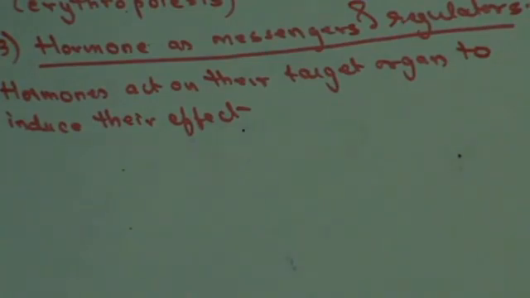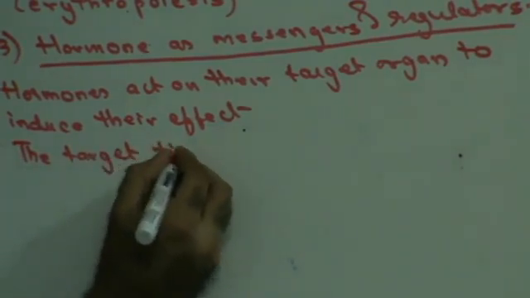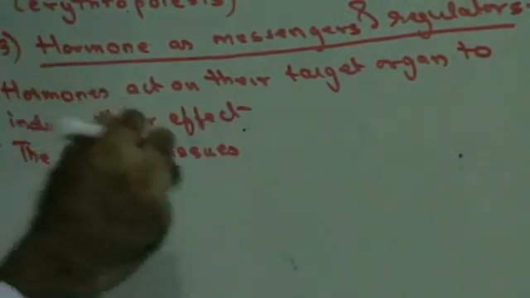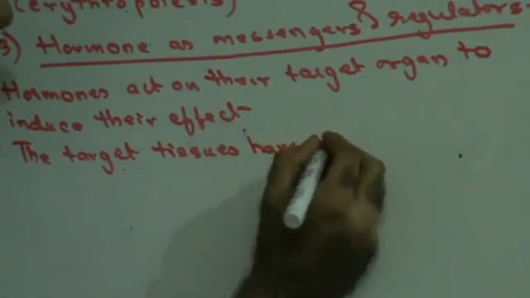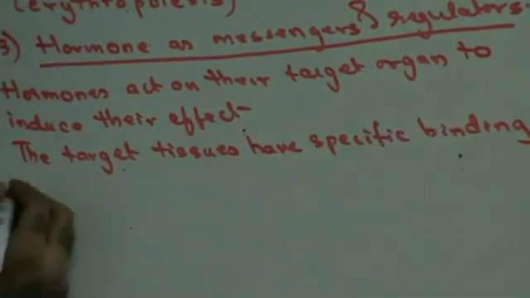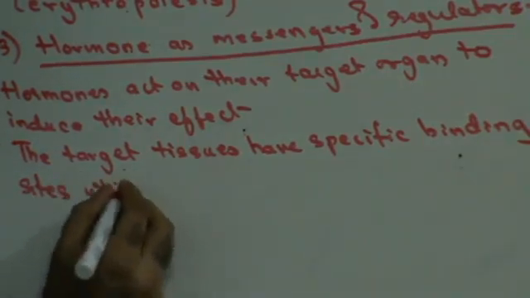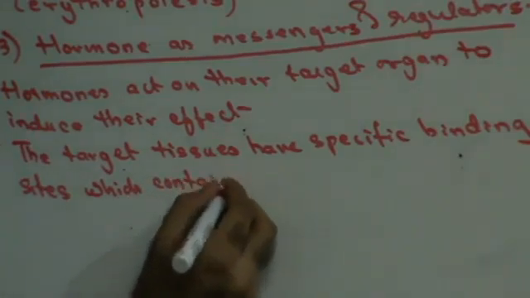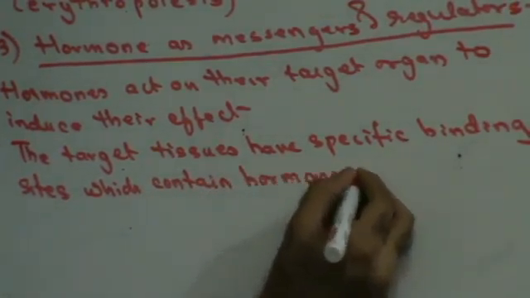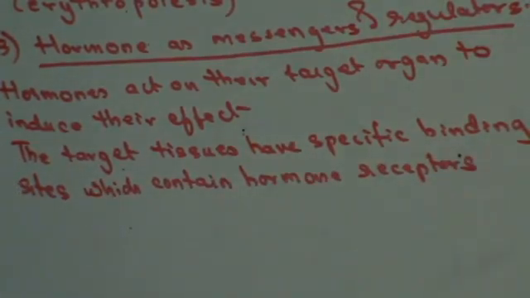These specific binding sites are called hormone receptors. The target tissues have specific binding sites which contain hormone receptors. So these hormones are going to be received by the hormone receptors.